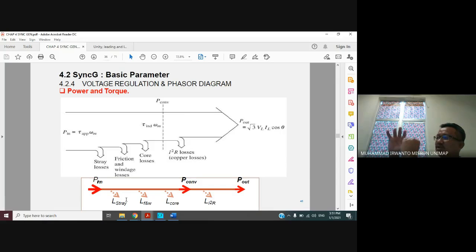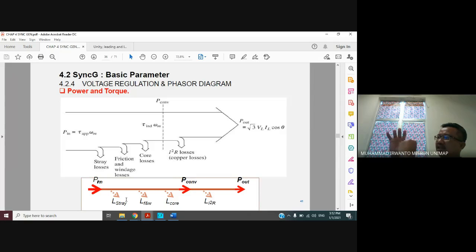To move the rotor, the prime mover can come from water, a water turbine. If the power plant is steam, from a steam turbine. If the power plant is coal, coal also produces steam. Steam turbine, also biomass like that. So this moves the rotor.